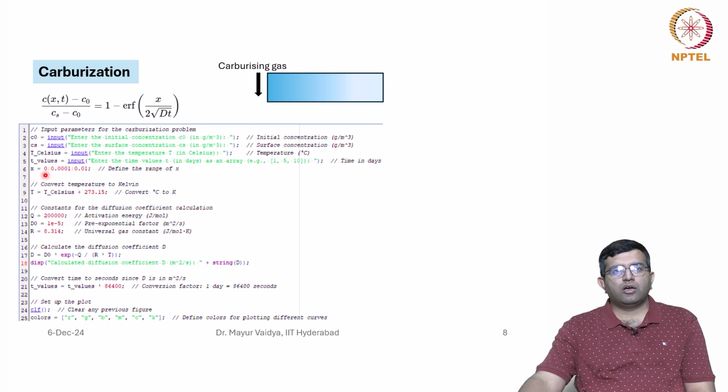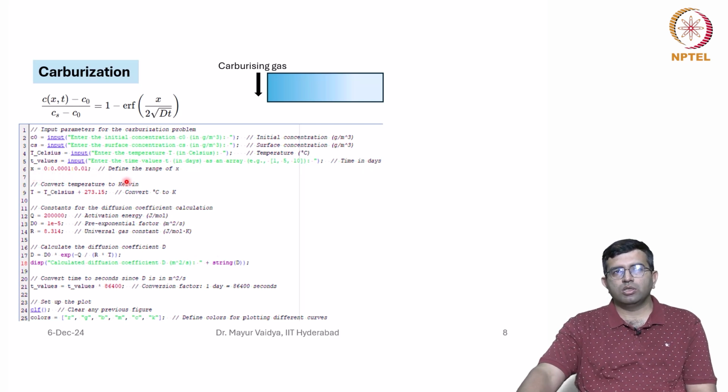Then x we have defined from 0 to 0.01 in very small steps. Then the temperature, this is just the conversion to Kelvin. Because we are only entering temperature, and you remember that we need D for calculating the profile, D can be obtained from the activation parameters which are given here.